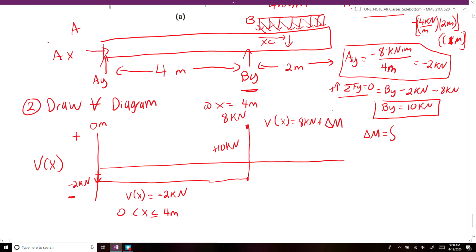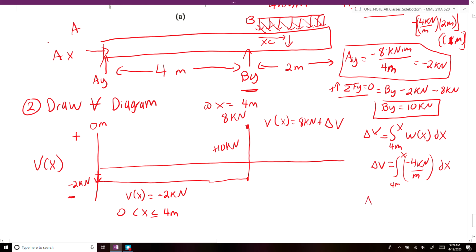So V of x is going to be equal to 8 kilonewtons plus delta V. Alright, so delta V is going to be equal to the integral from our starting location 4 meters to x of W of x dx. W of x in this case is just equal to minus 4 kilonewtons per meter, which is a constant, times dx.